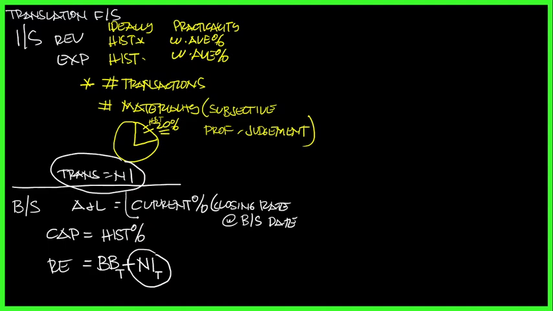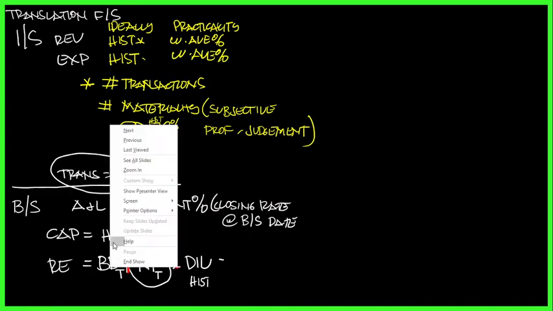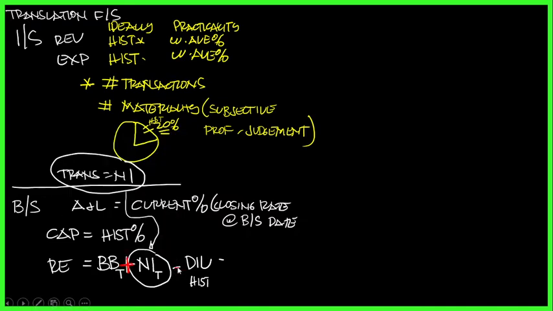Okay, so siya po ito. If there are dividends declared, you deduct your dividends, which is based on your historical rate. Ayan. So, this one is add and this one is deduct. And you will get your retained earnings.